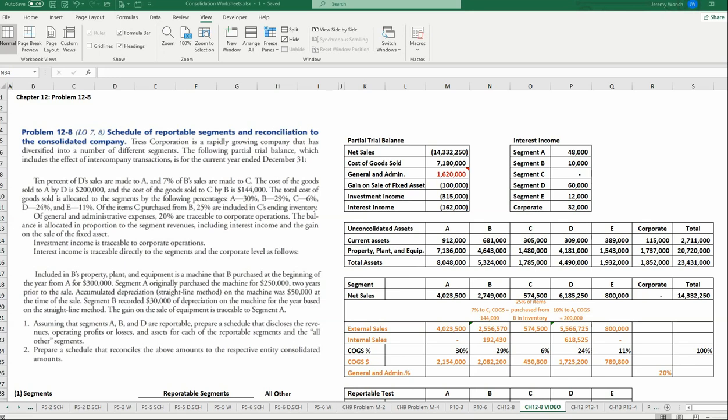So we're going to cover Chapter 12, and specifically, we're going to focus on segment reporting. The chapter covers a lot of other stuff, but we're just going to focus on the segment reporting. Segment reporting is what we need when we have the financial statements put together.